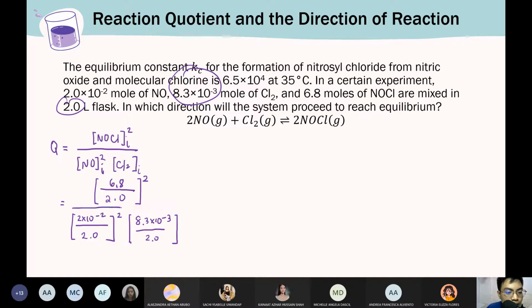Okay, so let's solve for the Q. Kung maunahan nyo ako, let me know na lang sa chat box. NOCl, 6.8. 6.8 daw yung moles niya eh, divide by 2.